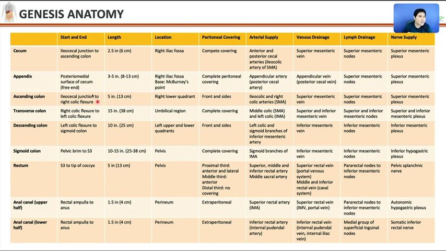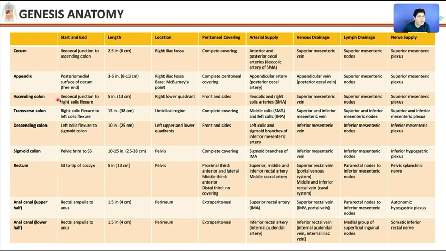Okay? So, your cecum will start at the ileocecal junction, up to the part of the ascending colon. At the cecum, specifically at the posteromedial surface, you have the appendix.